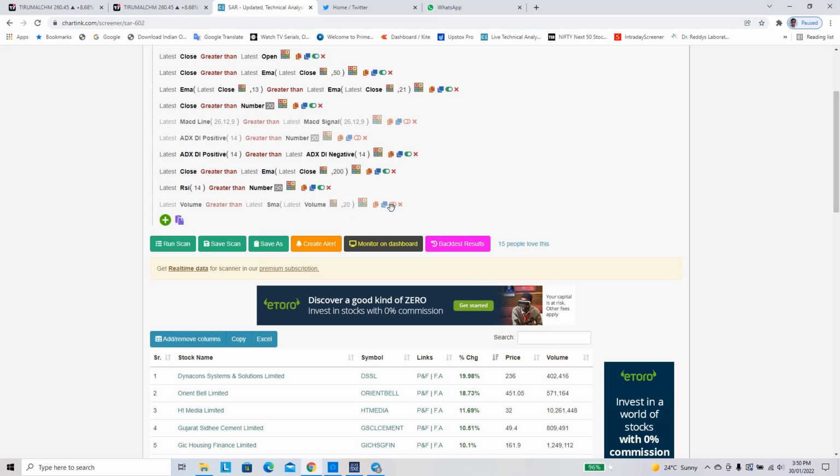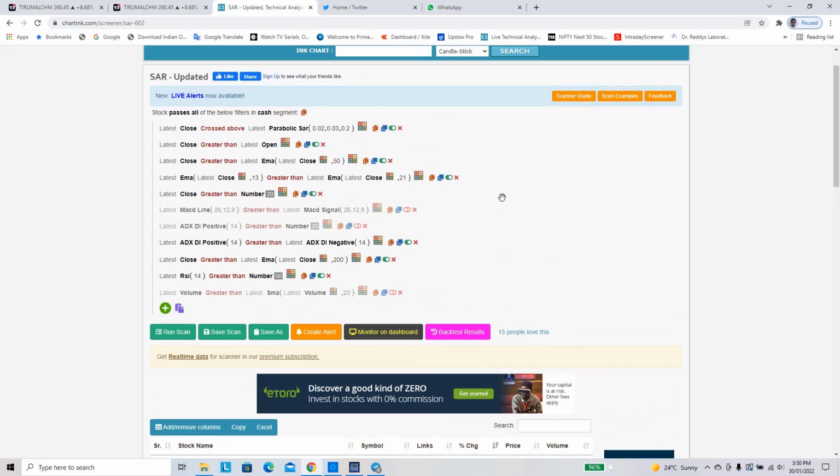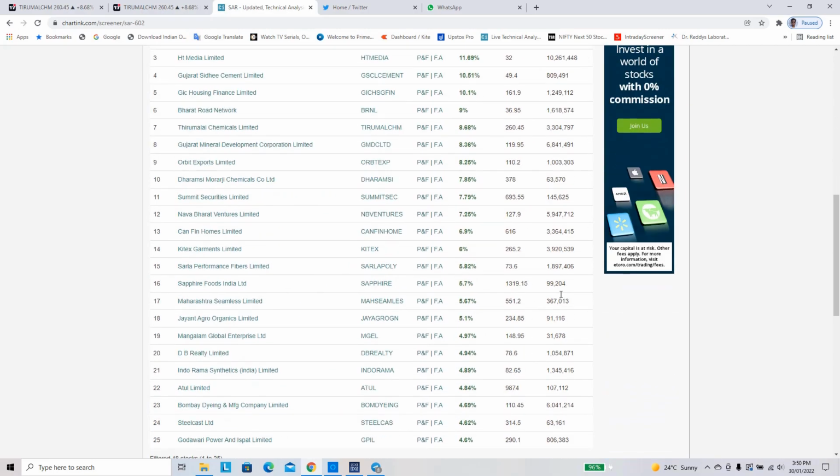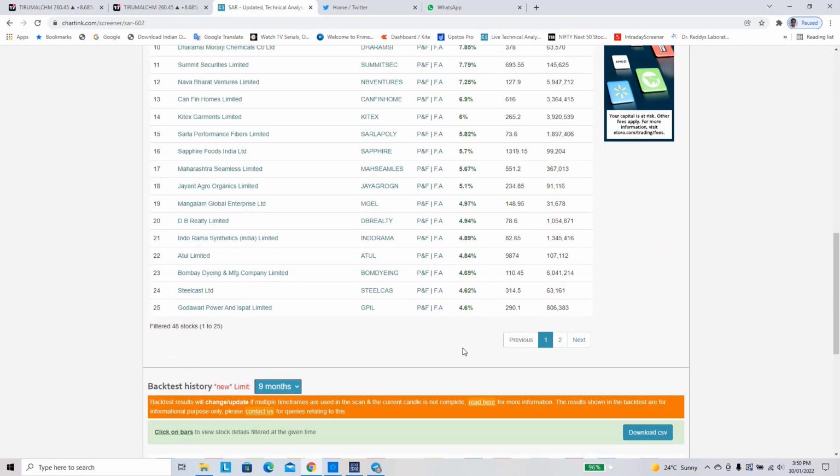If you enable it, you will get only the stocks whose volume crosses the average of 20. Okay, so let's change these settings and see how it makes a difference. I have already run this scanner now, and I am getting 48 stocks.